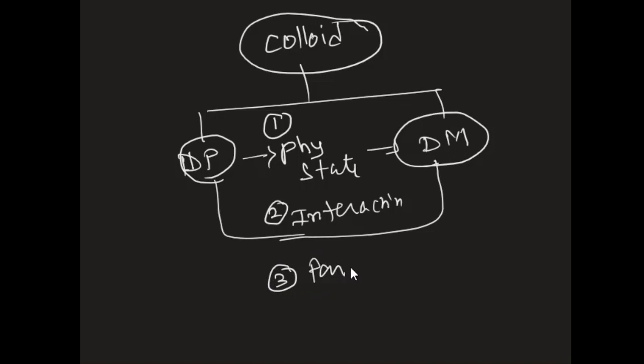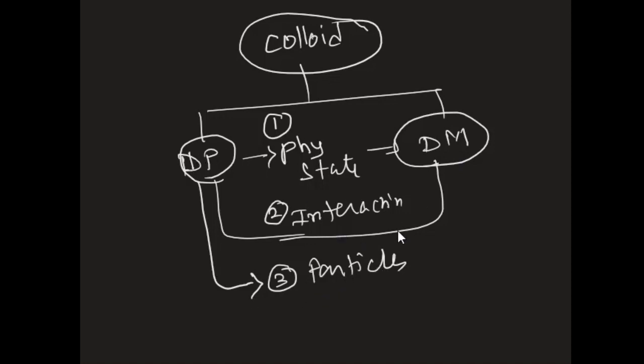So the particles of the dispersed phase only. Okay. So how have I classified now, can you repeat it? The colloids can be classified based on the physical state of dispersed phase and dispersion medium. It can also be classified based on the interaction between dispersed phase and dispersion medium. Then it is also classified based on the particles of the dispersed phase.